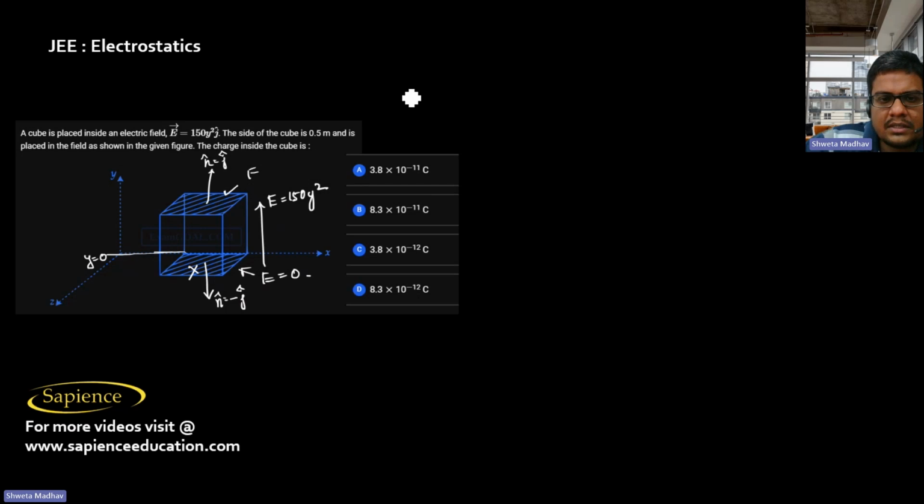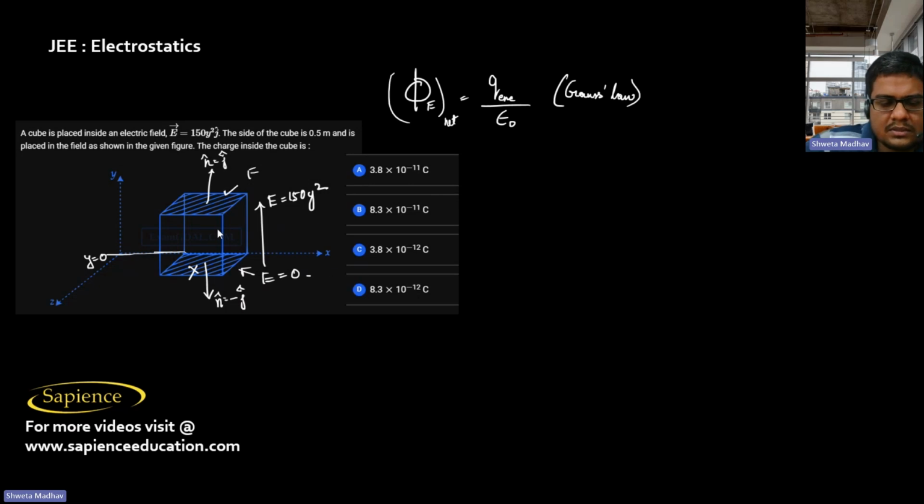Since we know that the net electric flux is equal to the charge enclosed by epsilon naught, which is called the Gauss law of electrostatics.